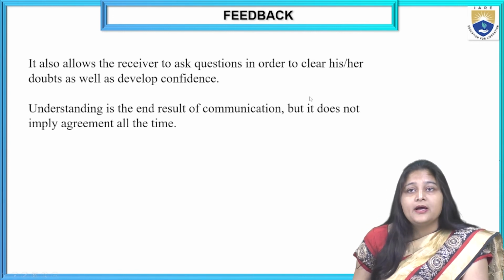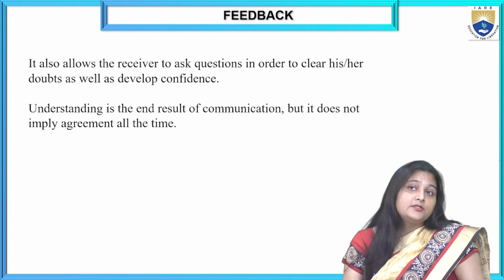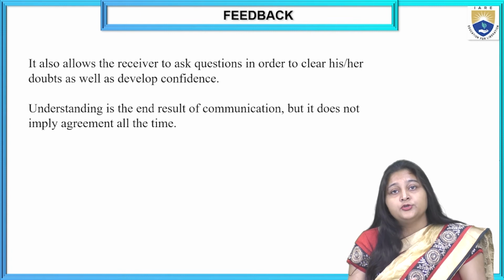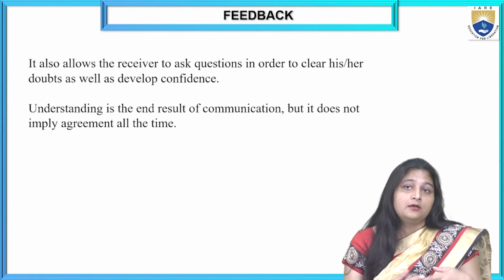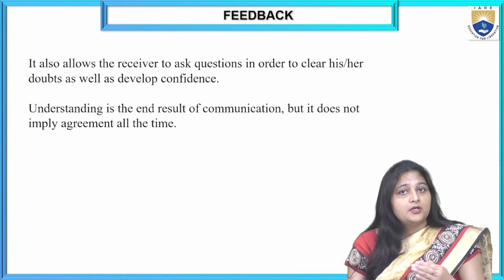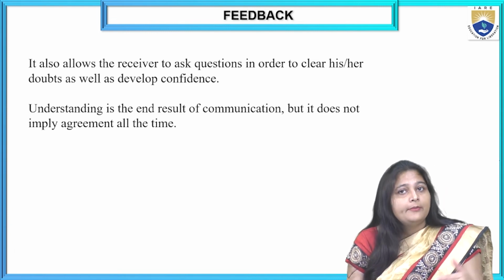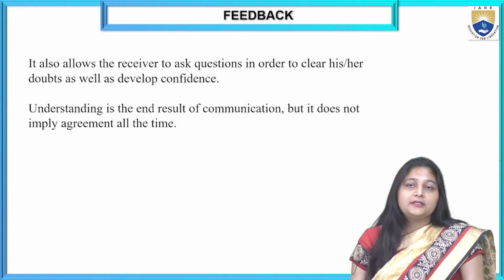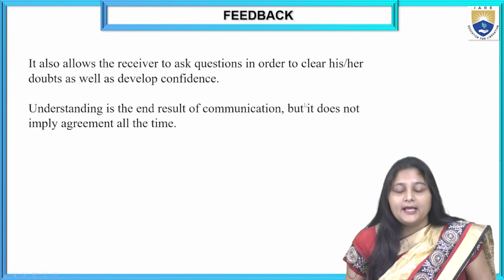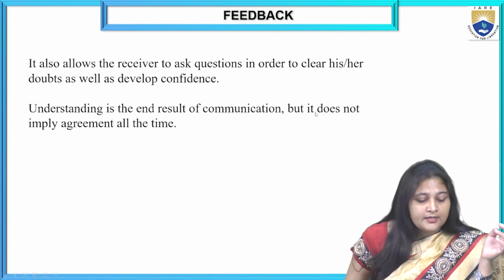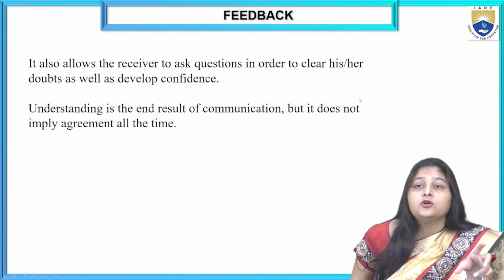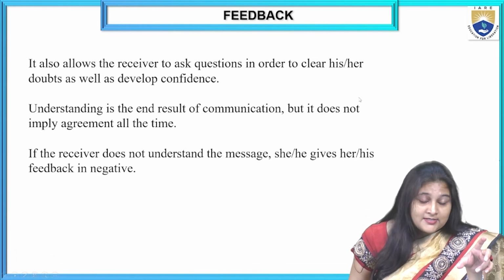You can understand the message, but the sender cannot impose on you that you should agree with the idea that is conveyed. The receiver can understand the message without agreeing.